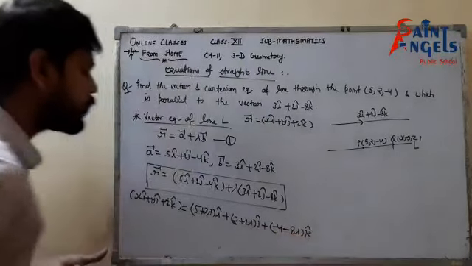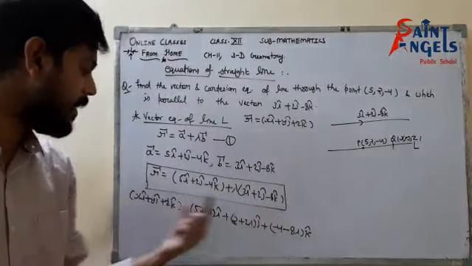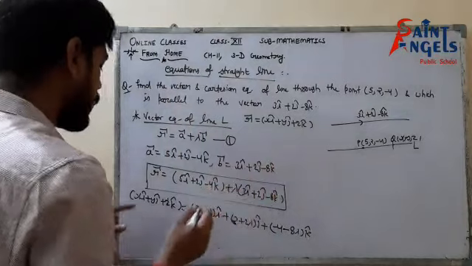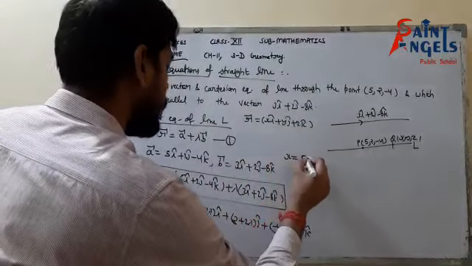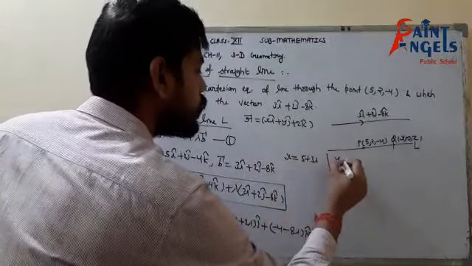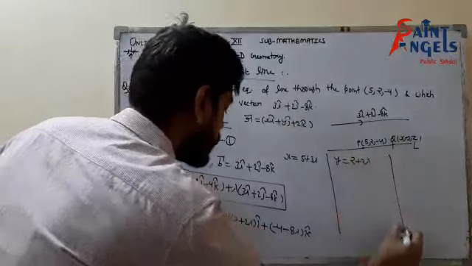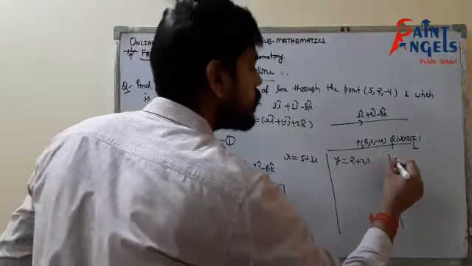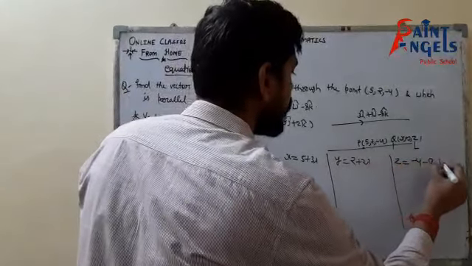Now if two vectors are equal, it means the coefficients of i, j and k are equal. So on comparing, x would be equal to 5 plus 3 lambda, y would be equal to 2 plus 2 lambda, and z would be equal to minus 4 minus 8 lambda.